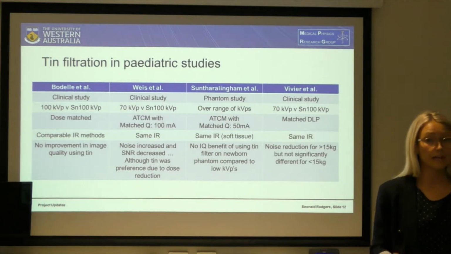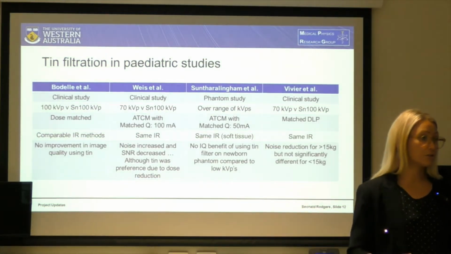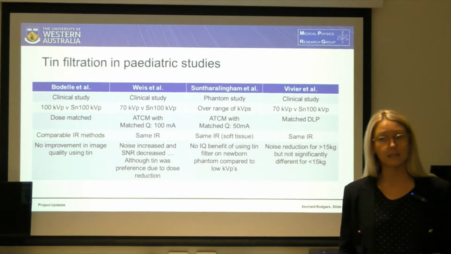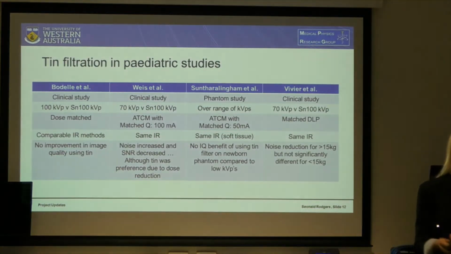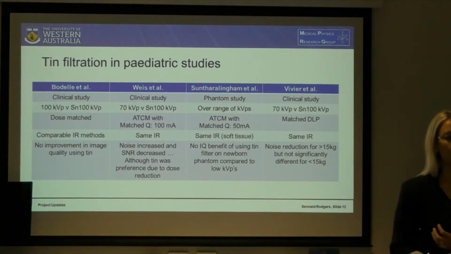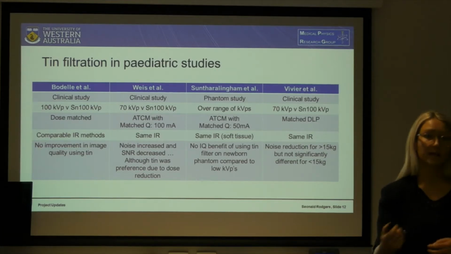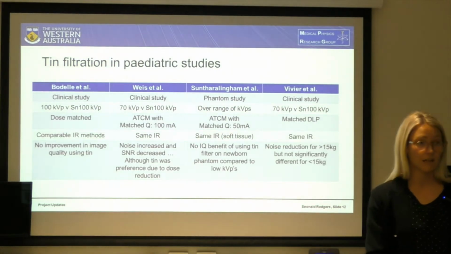Various studies have considered the use of added tin filtration at 100 kVp for low dose non-contrast paediatric CT studies. I'm only going to talk about the most recent one, a clinical study by Vivia et al., where they aimed to match the DLP for patients using 100 kVp with added tin filtration and 70 kVp.